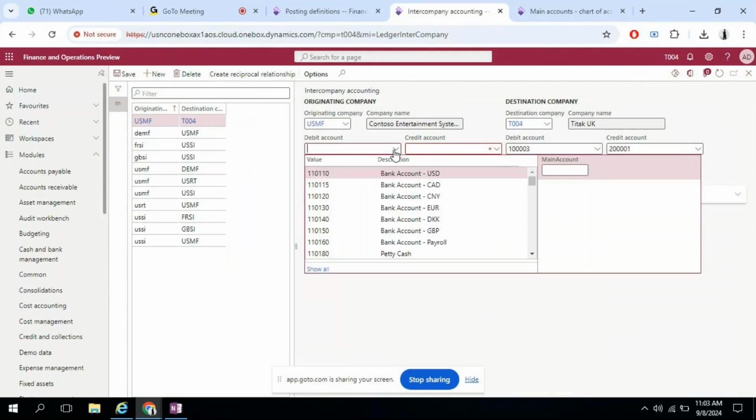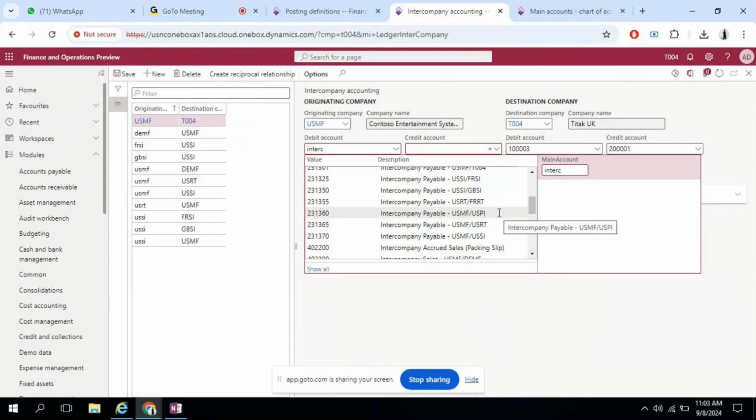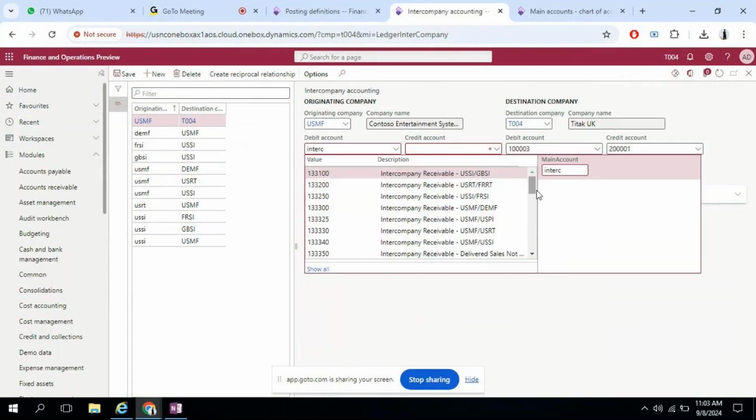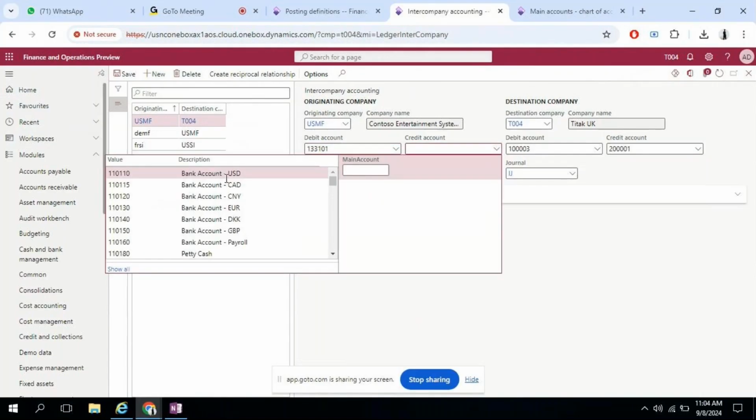The intercompany main account. You can type intercompany USMF2 T001. I think it is not refreshed yet, so that's why. Okay, don't worry, it will not give me the error.